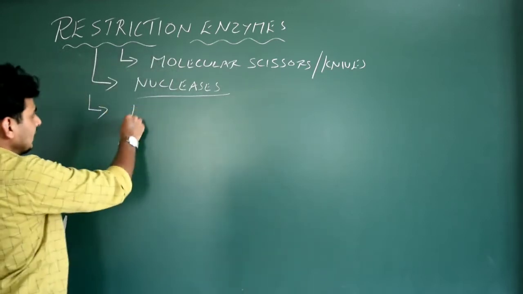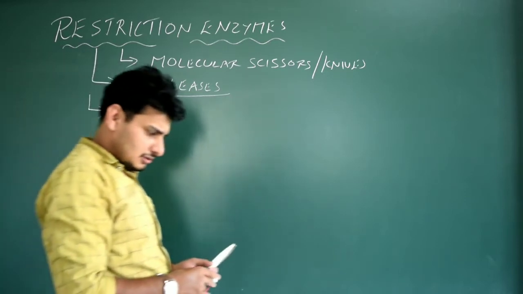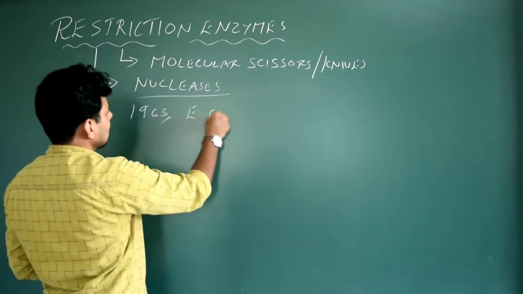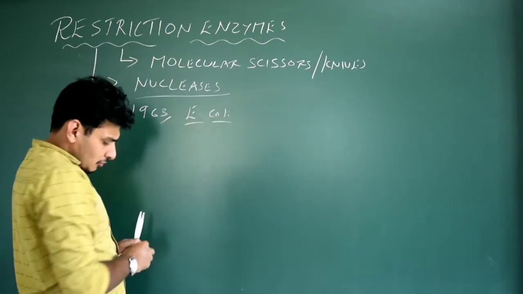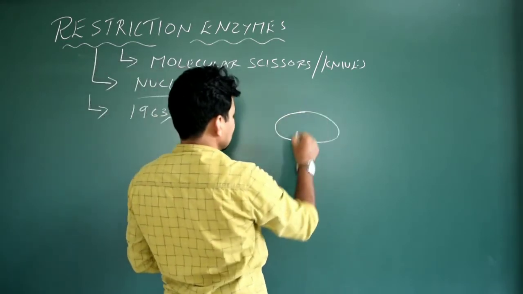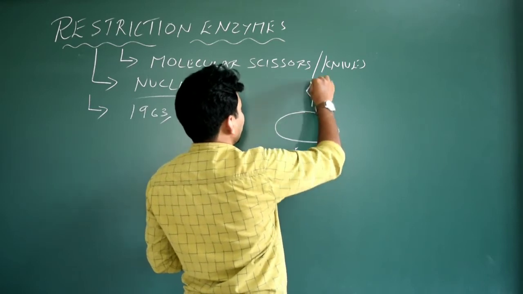When exactly were these restriction enzymes discovered by Werner Arber? Let me just write. In 1963, Werner Arber was conducting some experiments on E. coli. He was surprised when he treated E. coli bacteria with certain bacteriophages.